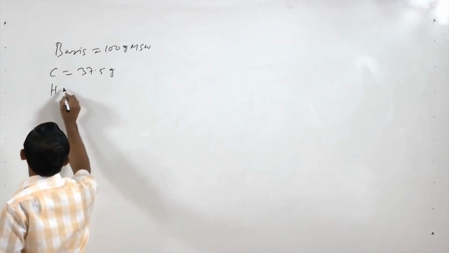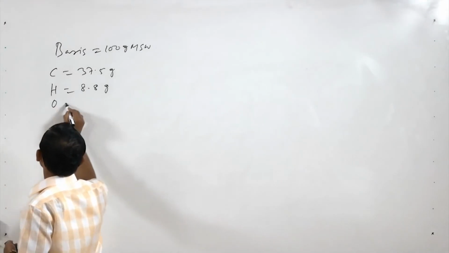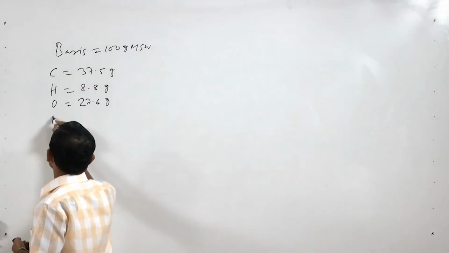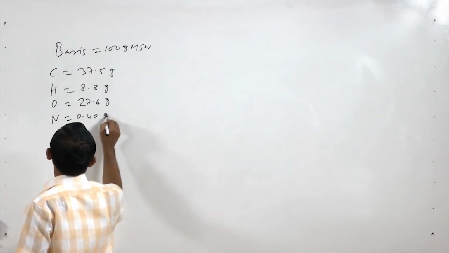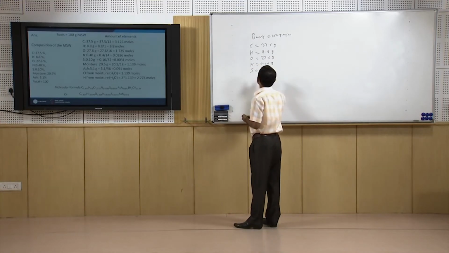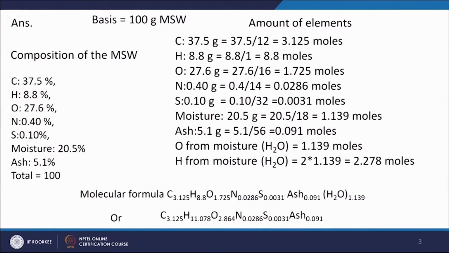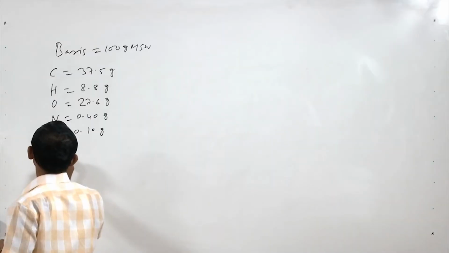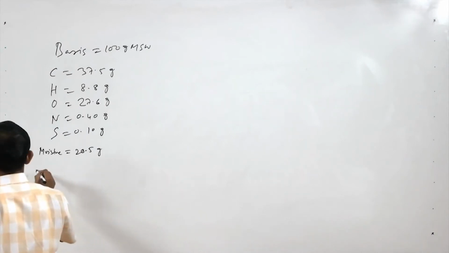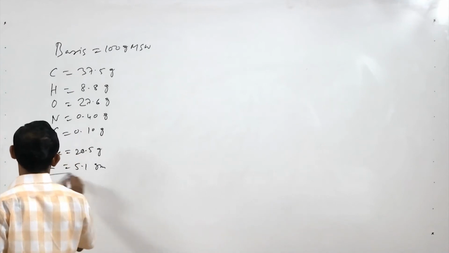Hydrogen present is 8.8 gram, oxygen present is 27.6 gram, N is 0.40 gram, S is 0.10 gram, moisture is 20.5 gram and ash is 5.1 gram. So, in total we are getting 100 gram.